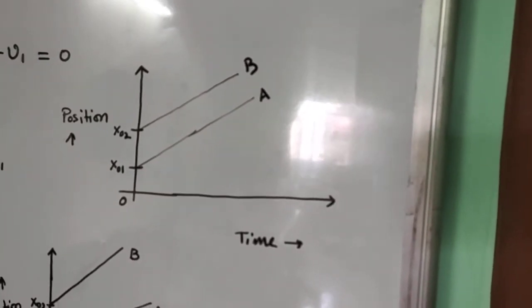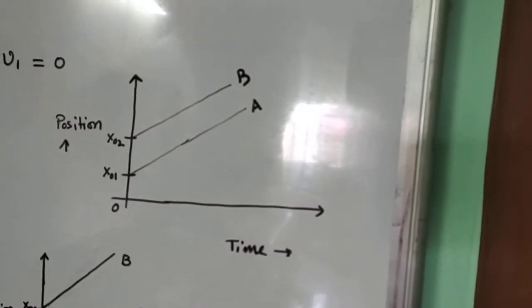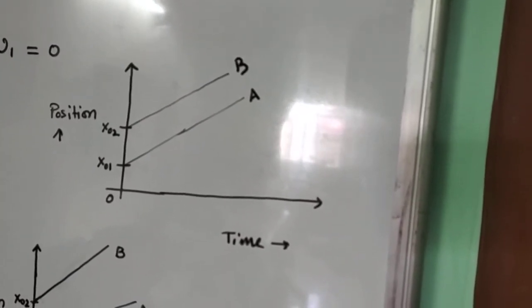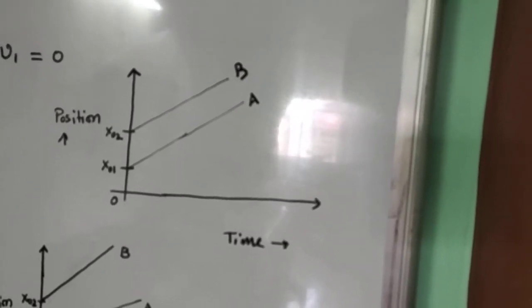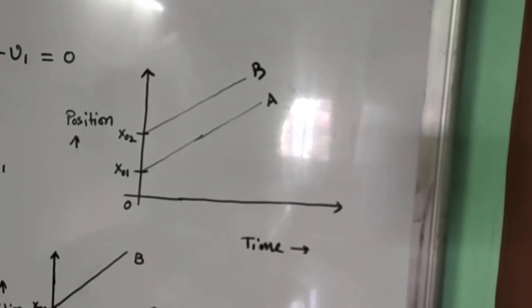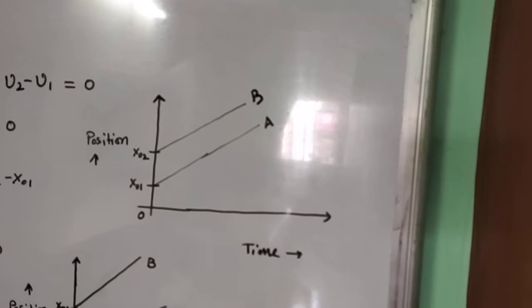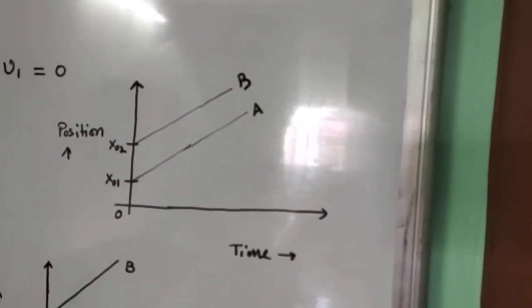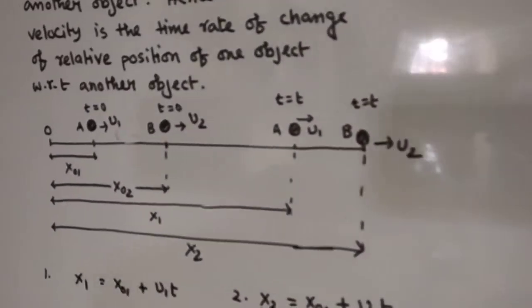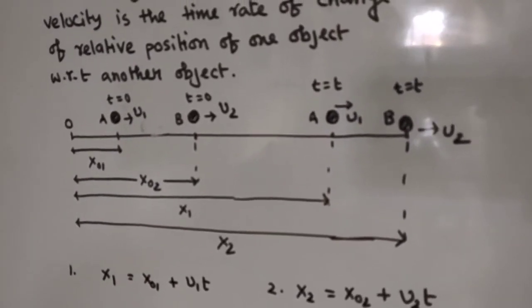If both graphs have the same inclination with respect to the time axis, then definitely the two graphs are parallel to each other. That is why the two graphs are parallel, because v1 equal to v2 in our special case, and x02 is always ahead of x01 because as per the diagram x02 is more spaced from the reference point compared to x01.